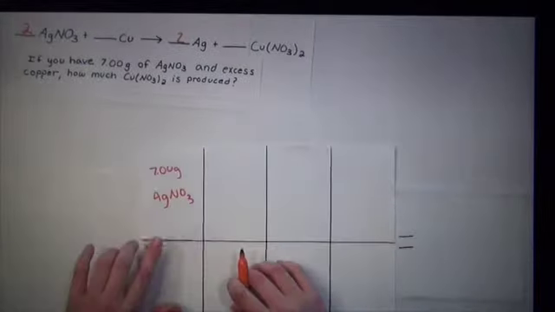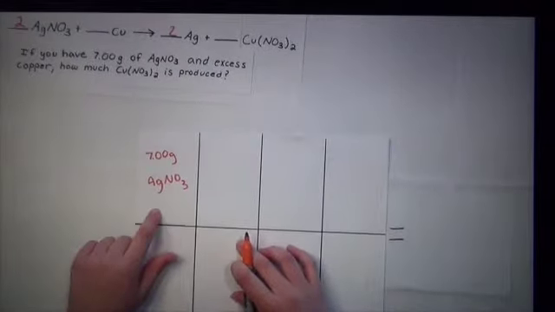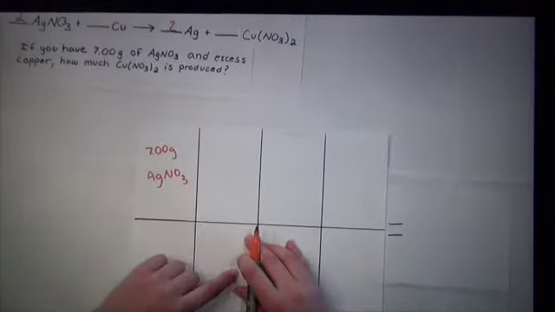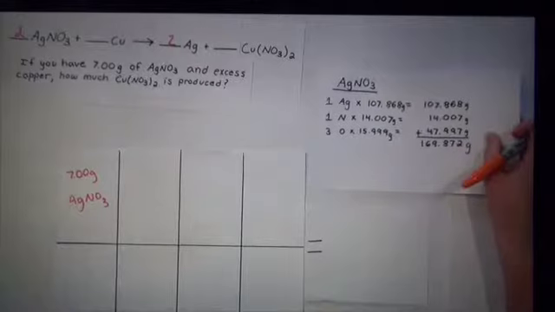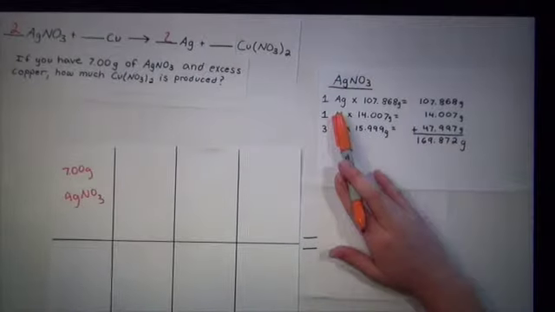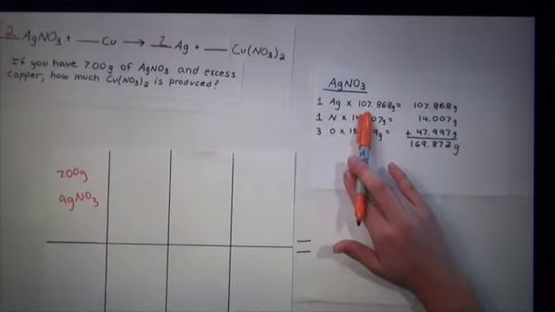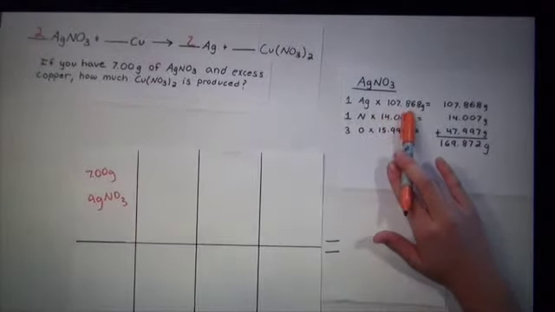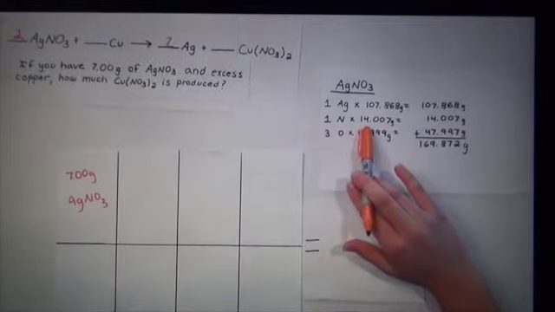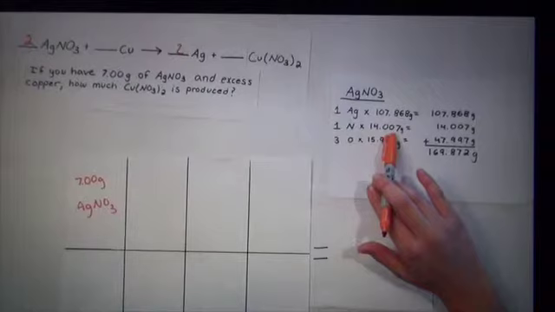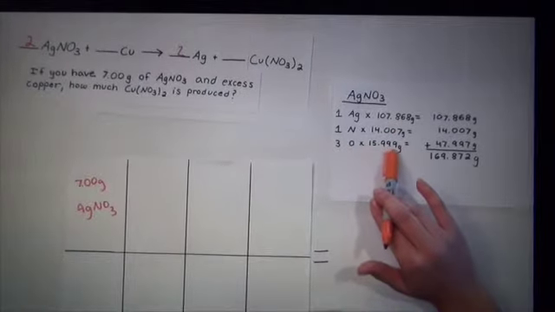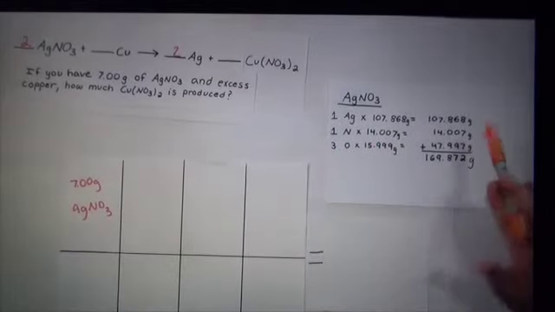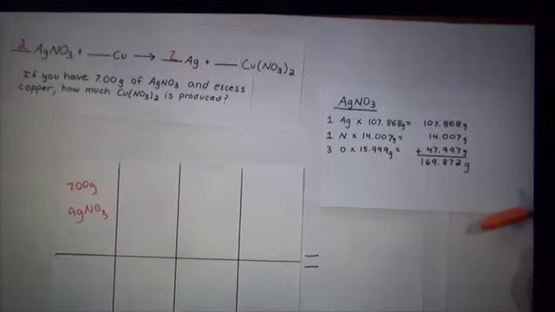Now down here, we have to figure out what the molar mass of silver nitrate is, so we can cancel out the grams. So here, we have our calculations. We have 1 silver, which has a molar mass of 107.868. We have 1 nitrogen with a molar mass of 14.007 grams. We have 3 oxygens. 1 oxygen is 15.99 grams times 3 gives you 47.997.